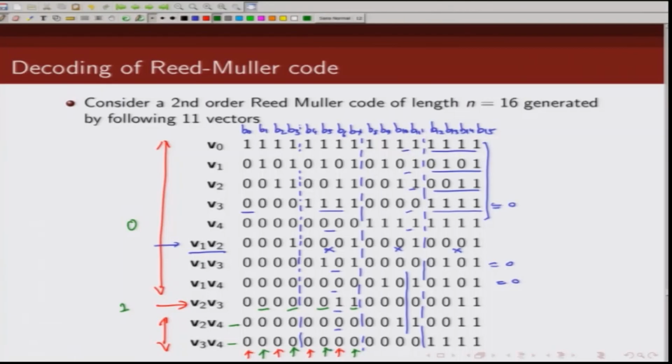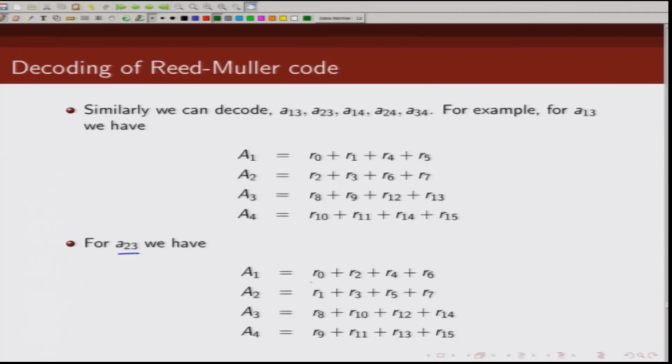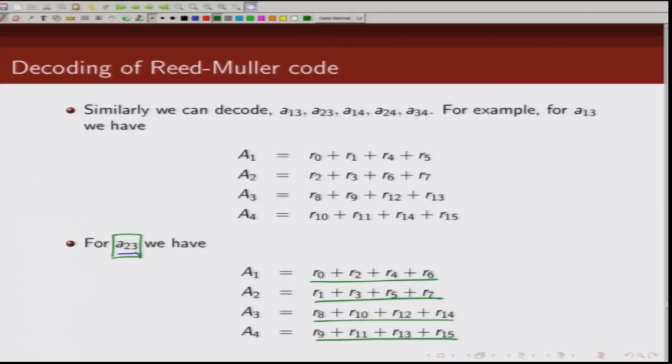So, if I add up these bits 4 bits at a time, in similar fashion I can get independent information about A23.